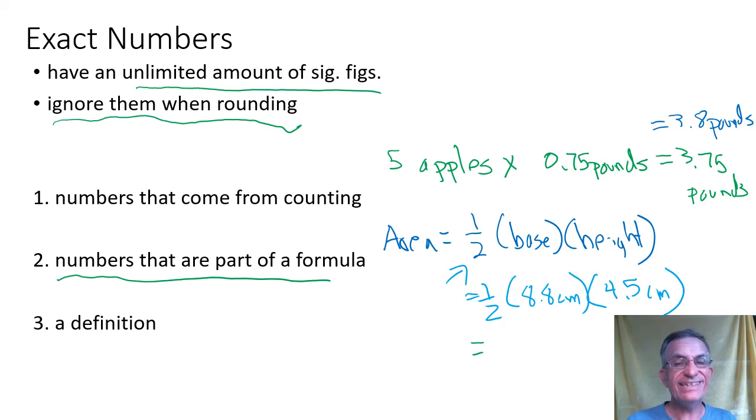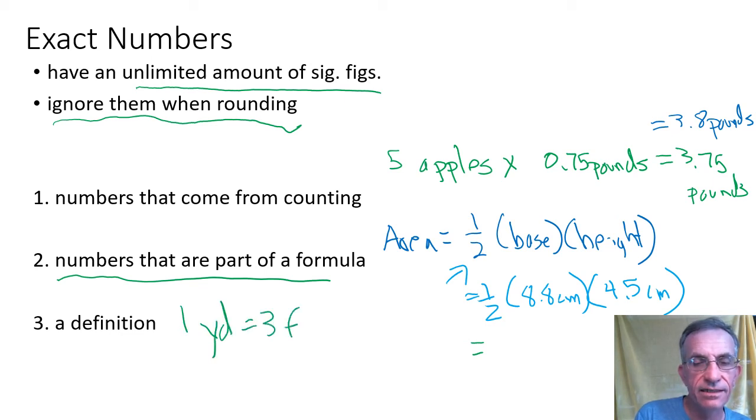I have to tell you these first 2 don't come up much. The last one is the important one really for us. And that is when we decide how to round and we're using a definition in our calculations. A definition would be something like the fact that 1 yard is defined as 3 feet. If you were doing some math with that fact, you would not use the fact that those numbers have 1 sig fig when you decide how to round. Now, why do we care about this?